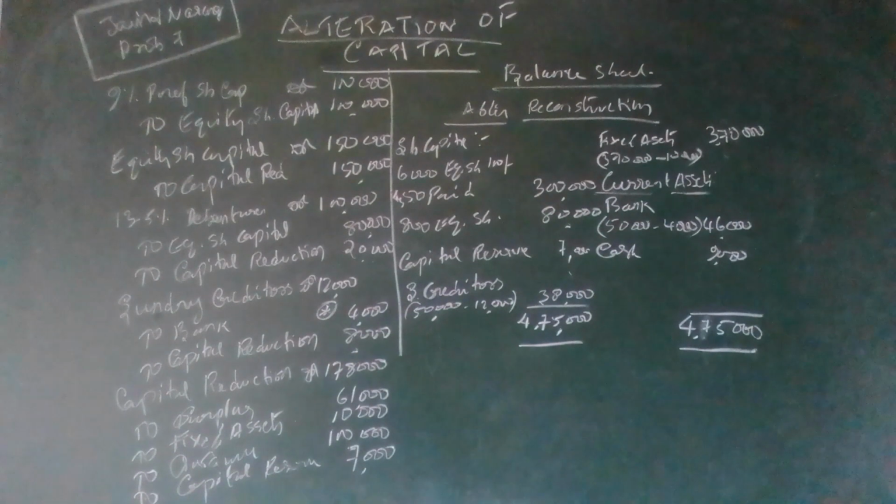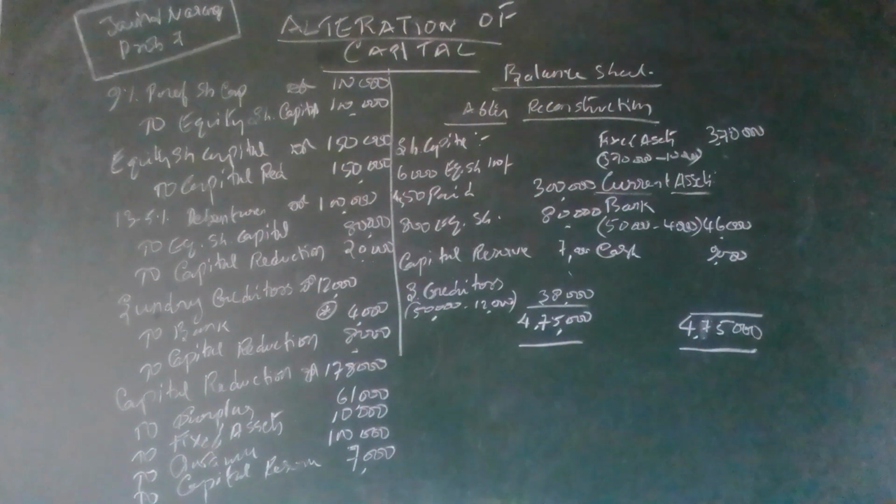Then coming to the capital side, 6,000 equity shares. Please mind that equity share capital is under different circumstances, so accordingly we have to take 1 lakh, then another 80,000. So the total amount of equity capital comes to 3,80,000.